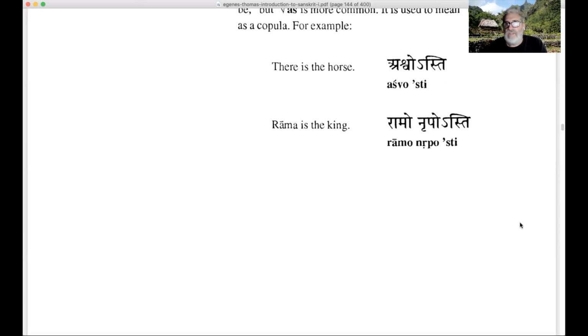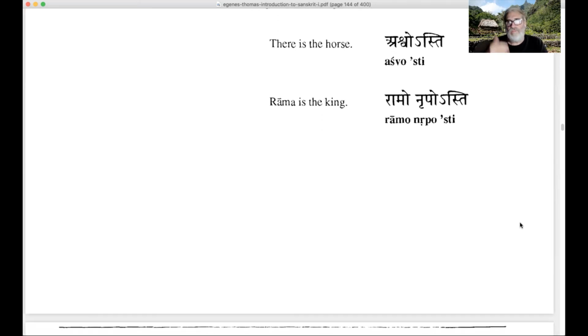So they're actually nouns in apposition, is what we say, but you don't have to remember that. Rama is the king. We could also translate this as there is a king, Rama.